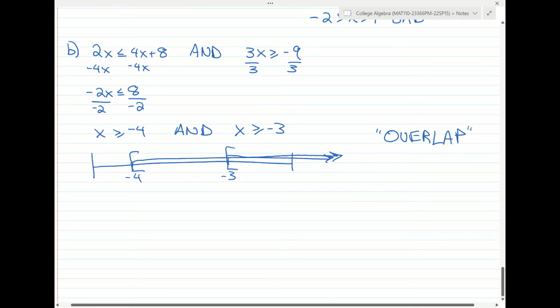Where on this number line is the graph overlap? So what we would say for this as an answer is we would just say from negative 3 to infinity.